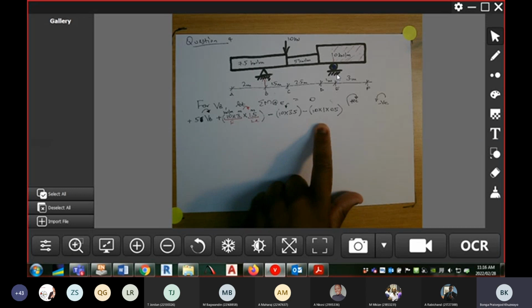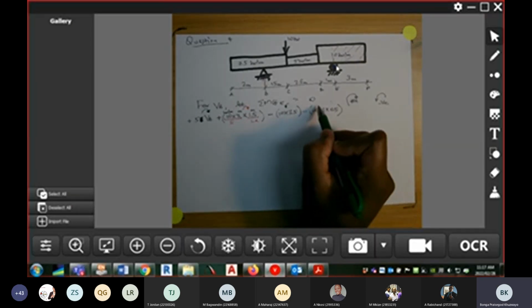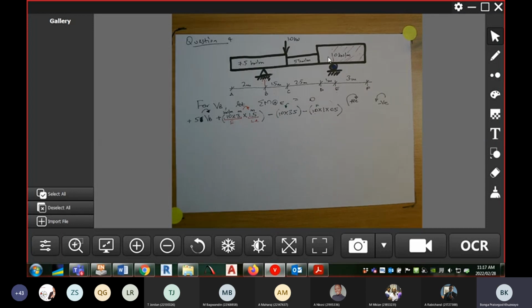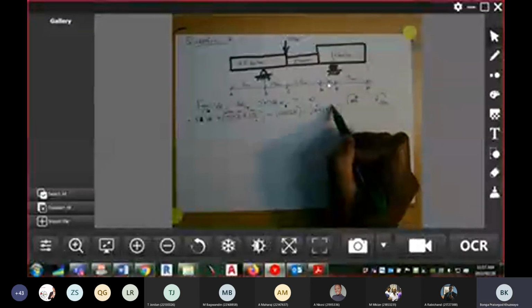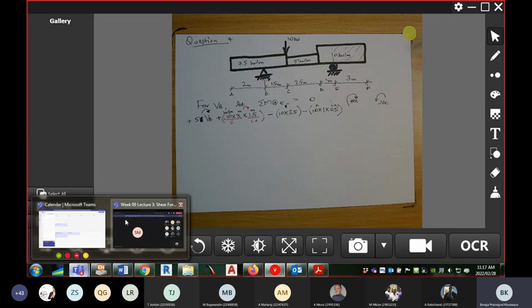And then the second one is that portion of 10 kilonewton per meter, only that portion which is causing anti-clockwise rotation about node E. So that is 10 times 1, which is now a force. And then the lever arm for that force is 1 divided by 2. So that's the lever arm there. And then now we have the moment. I don't know if that answers your question.